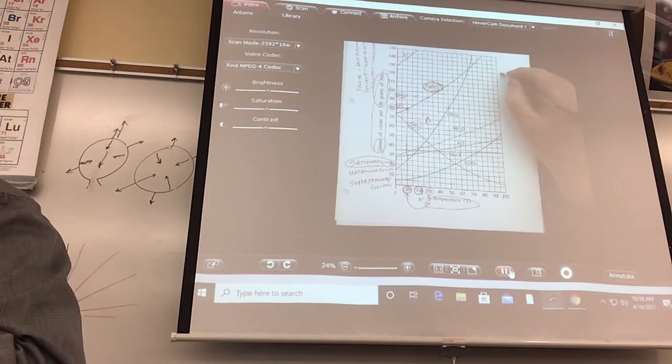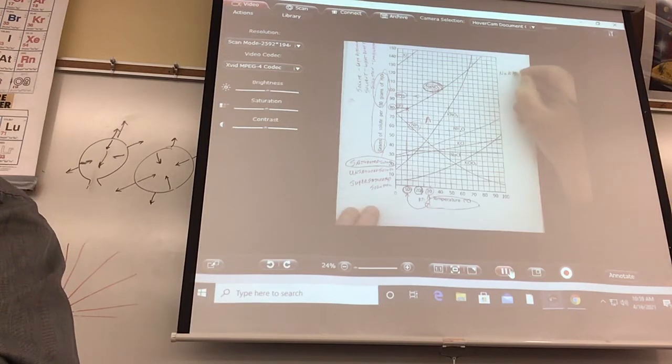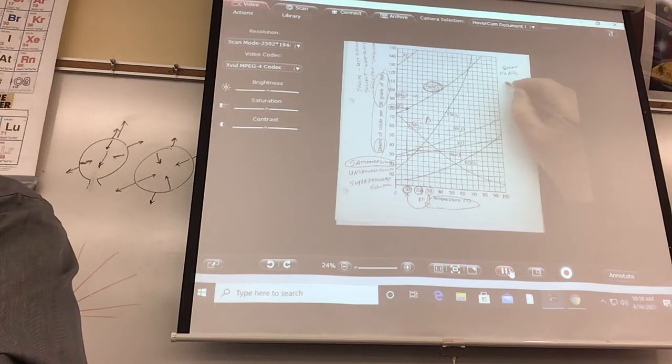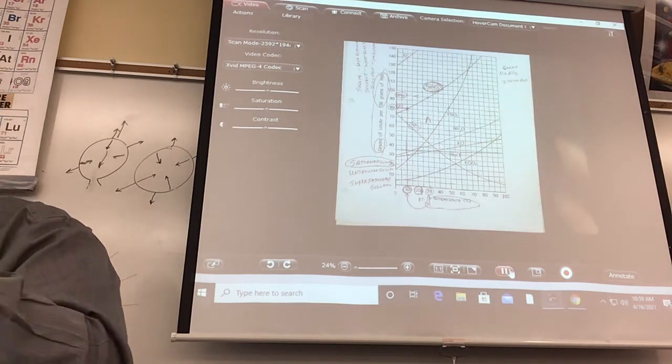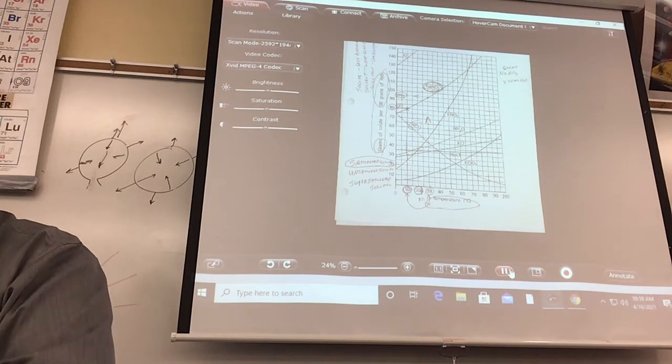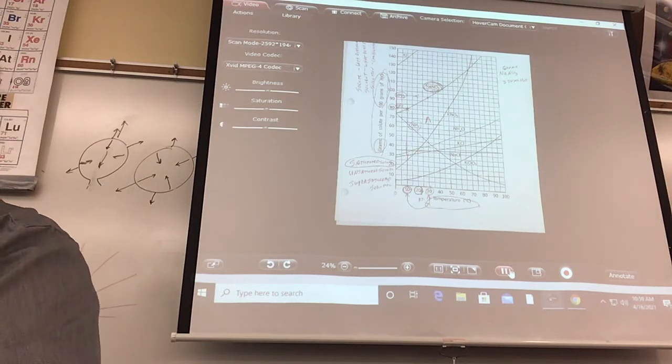How many grams of sodium nitrate do you need to make a saturated solution of 350 milliliters of water? And you look on there and say, wait, how do I get that off of the graph? It doesn't ever go to 350 milliliters of water.